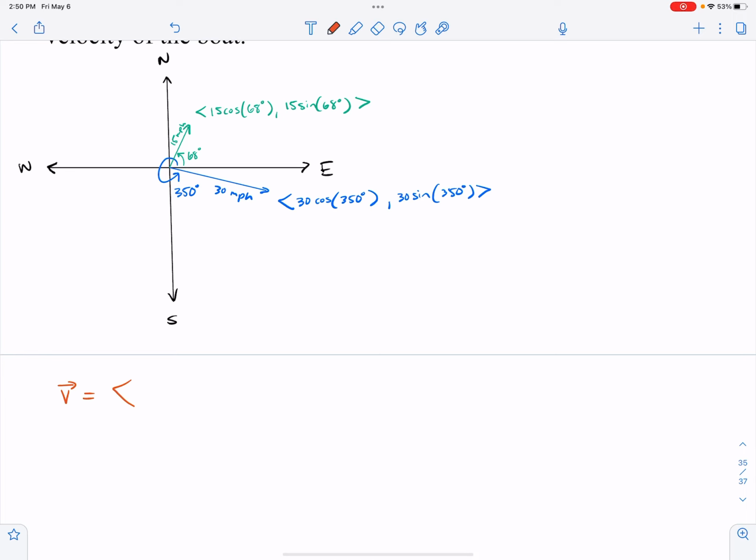We can find that vector in component form by adding the two horizontal components together. So doing 15 cosine of 68 degrees plus 30 cosine of 350 degrees. And then the vertical component will be 15 sine of 68 degrees plus 30 sine of 350 degrees.